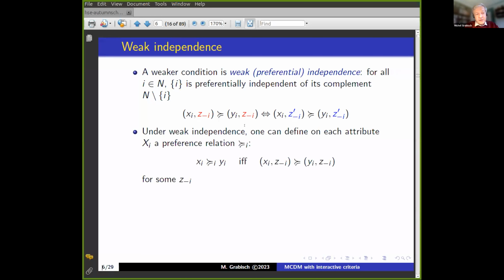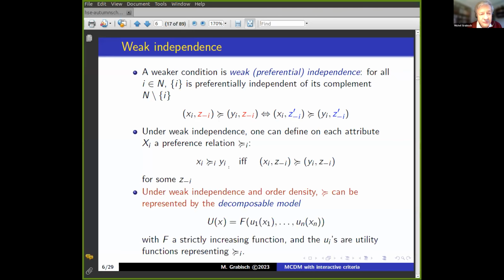So why is this property very interesting? Because if this is true, then you can define a preference relation on the attribute number i, because now it's meaningful to say that x_i is preferred to y_i, because you take any element z, and if this preference is true, then it will be true for any z prime. Okay? So this defines in a meaningful way a preference relation on a single attribute.